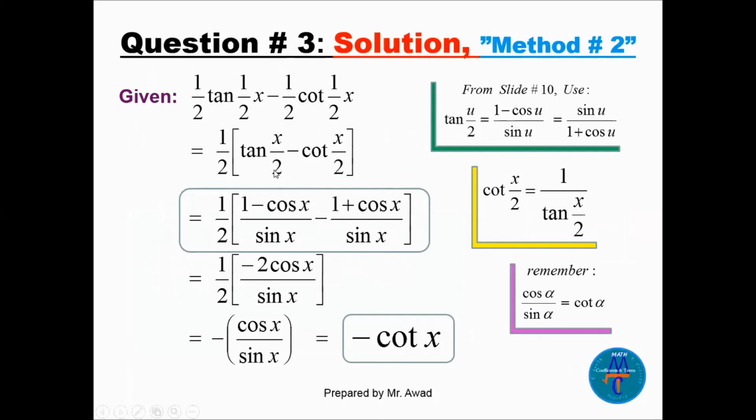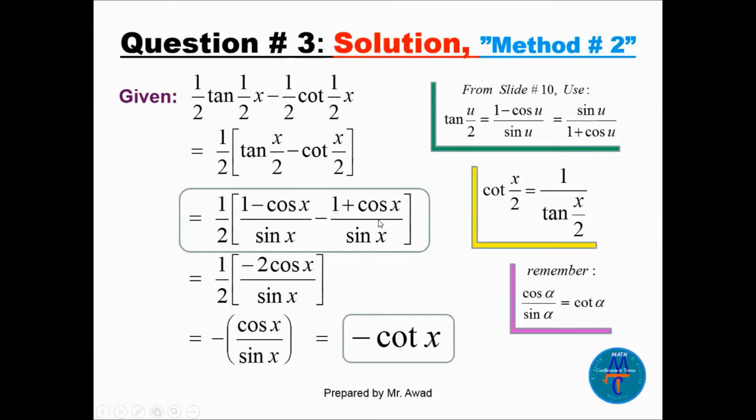You see tan x over 2 is 1 minus cosine x over sine x. Leave the minus. Cotan will be the reciprocal, cotan x over 2, reciprocal of tan x over 2. So I take the second formula and take the reciprocal. So it will be 1 plus cosine. This one is coming from the reciprocal of this. You see this cotan x over 2, same as 1 over tan x over 2.